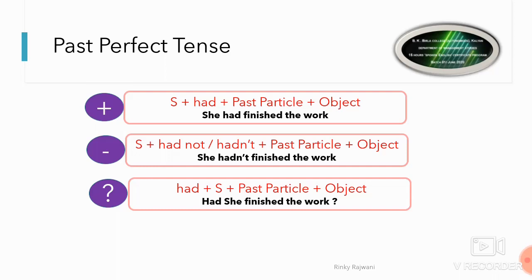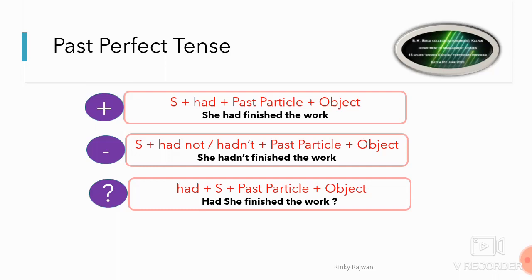Here we will see three kinds of past perfect tense: one positive, one negative, and one interrogative, based on a question. We will start with the subject, end with the object, and in between we will add had plus the past participle. So, she had finished the work.